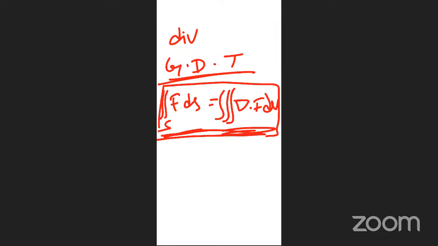Simply, the surface integral of the vector field over the closed surface is equal to the volume integration of the divergence of the vector field, where V is the volume enclosed by the surface.